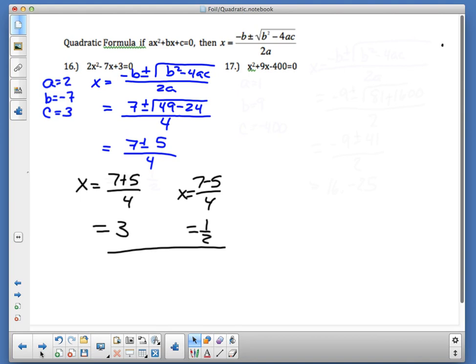Give it a try, guys. Just assign A, assign B, assign C.